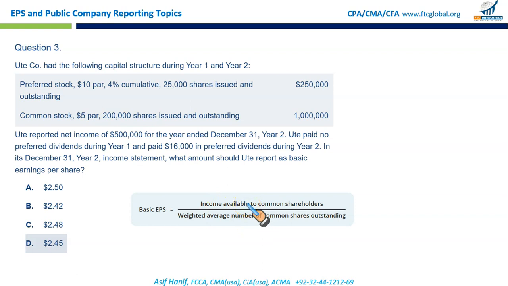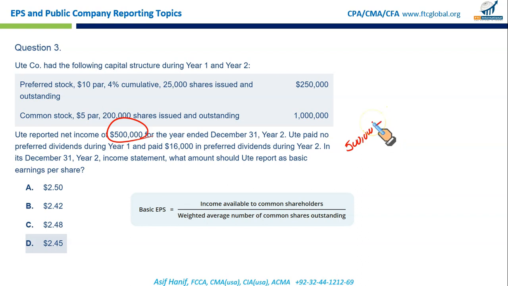So we should start off with the net income, which is given as $500,000, right? That is the net income. And from this net income, we need to deduct the cumulative preferred stock dividend. Now, since the preferred stock dividends are cumulative, we have to deduct them from our net income, irrespective whether they have been declared or not or paid or not.